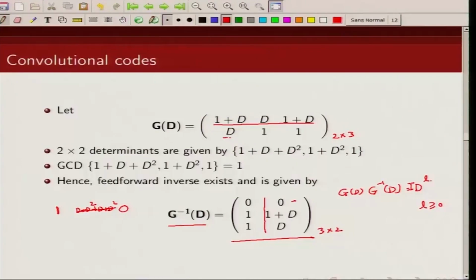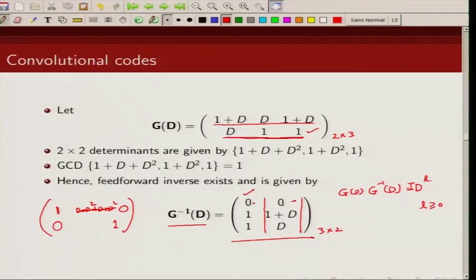Next, multiply this row by this column. So, what we get is D times 0, 1 times 1, 1 times 1. So, that is 1 plus 1 is 0, and if you multiply the second row by the second column, what you get is 0 times D, 1 times 1 plus D, and 1 times D. So, that is 1 plus D plus D. So, that is 1.